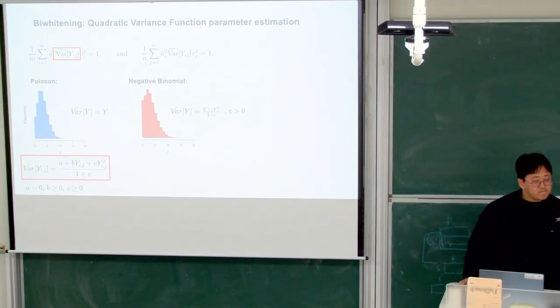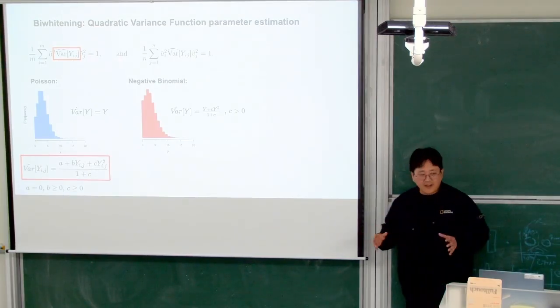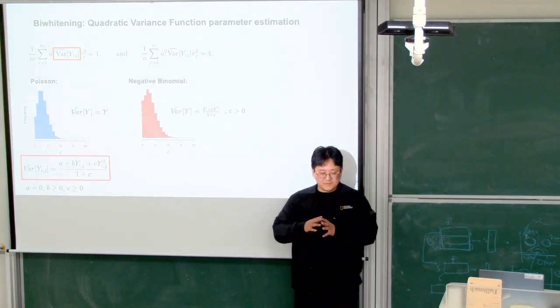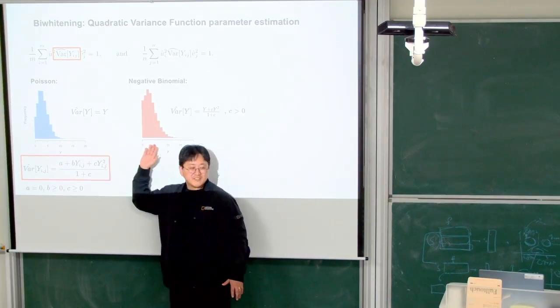So it is the general estimator for variance for Poisson and negative binomial. They believe this data distribution follows some distribution which is located in the middle of this shape.